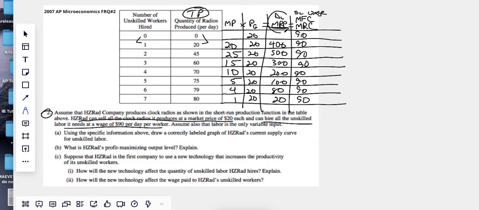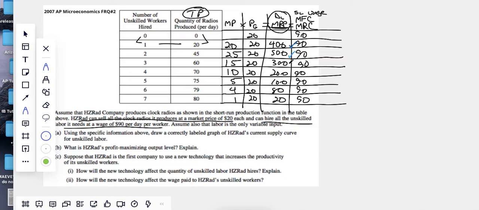Understand that your marginal revenue product is what each worker brings into the company. This first worker makes 20 radios, and we can sell them each for $20. So he brings in 400, and I only have to pay him 90. I like that guy a lot. This guy brings in 500, and we pay him 90.